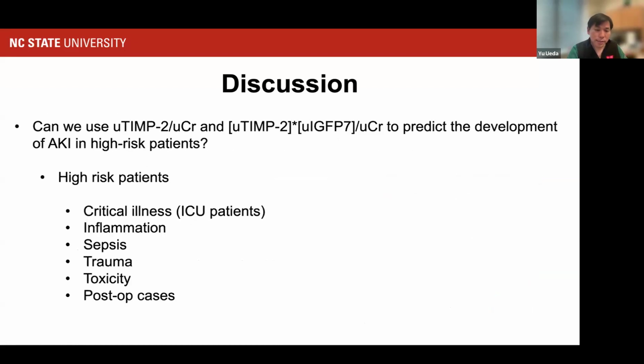So what about in dogs and cats potentially? Well, can we use these markers to predict the development of AKI in high-risk patients, such as critically ill ICU patients, patients with sepsis or systemic inflammation, trauma patients, and also, of course, toxicity cases, and maybe some high-risk surgery cases?